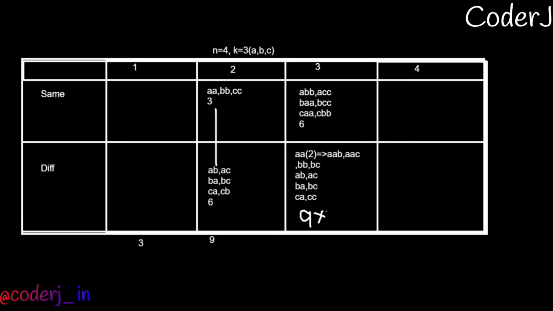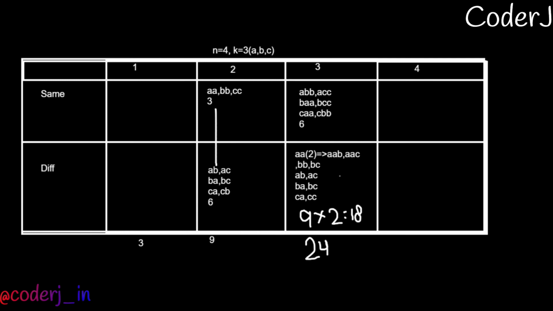So the colors other than that will be k minus 1. So for this case it will be 9 times 2, that will be 18, right? Correct. So you have 18 for diff and for same you have 6. The total answer will be 18 plus 6, that will be 24.